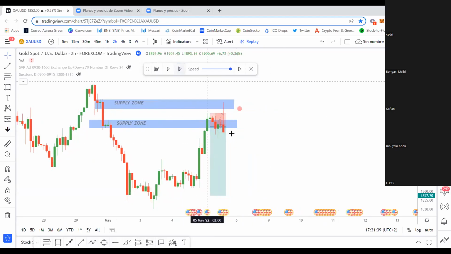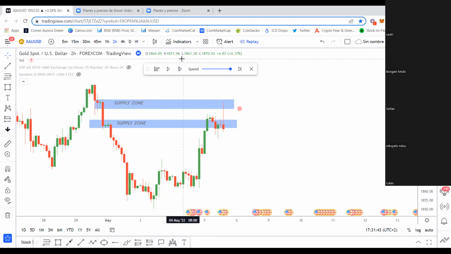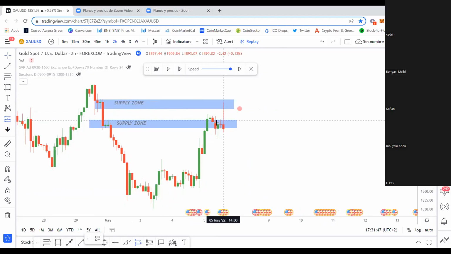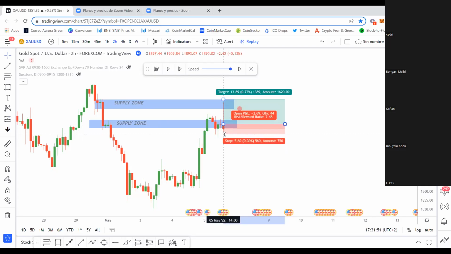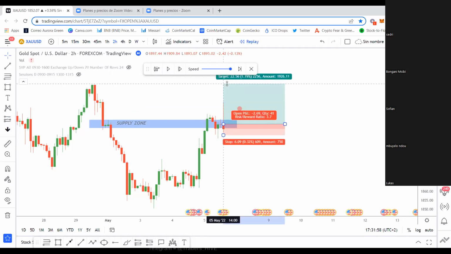You will see price breaks out of the zone. Retail traders then think, okay, now price broke out, supply becomes demand, I will enter a buy here, because they haven't seen this zone above. They are not taking it into consideration.